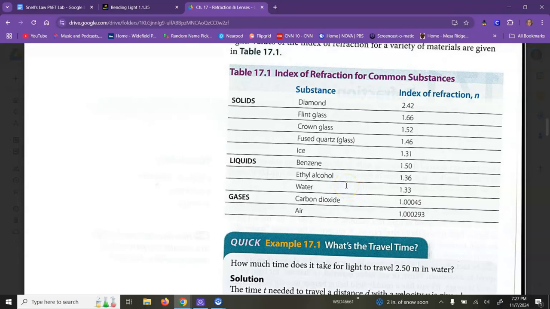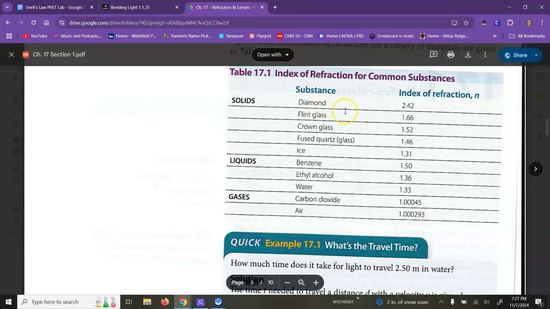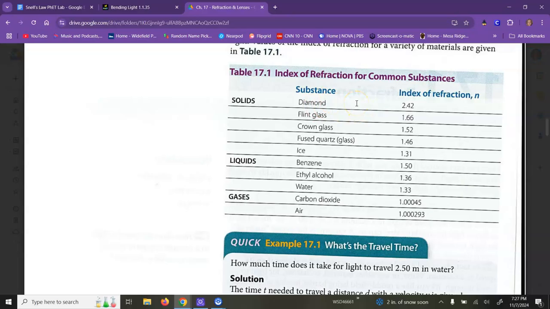You'll see that there are different substances, and they're listed with the different indices of refraction. It starts with the slowest light can go, which is in a diamond. A diamond is the most dense substance, the hardest substance, and so that is going to have the highest index of refraction, which is 2.42.